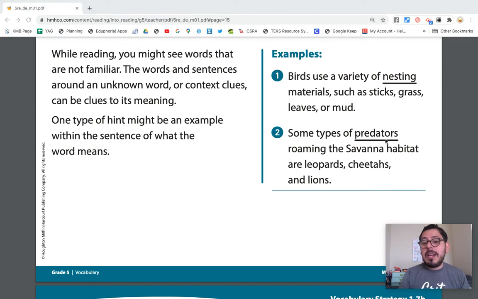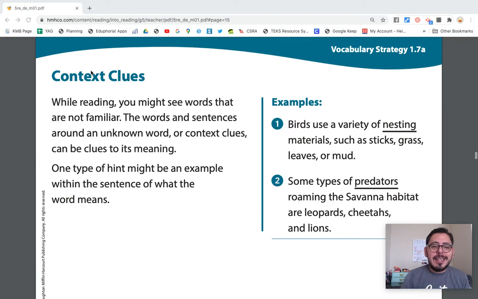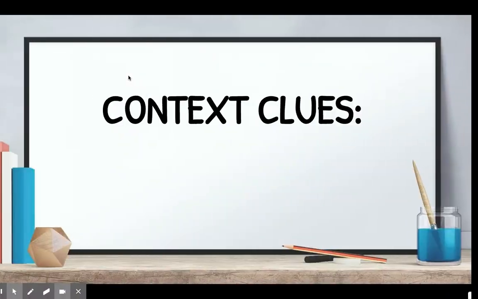Some types of predators roaming the savanna habitat are leopards, cheetahs, and lions. So with these examples, we know that predators may be big animals that hunt other animals for prey. And you'll learn more about that in science. So those are context clues by examples. We understand these words using examples around them. So that's what this is about today.